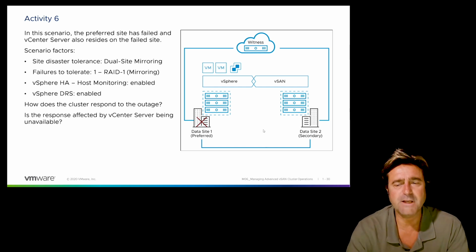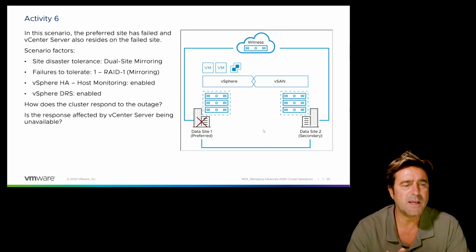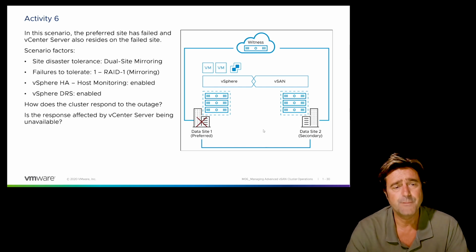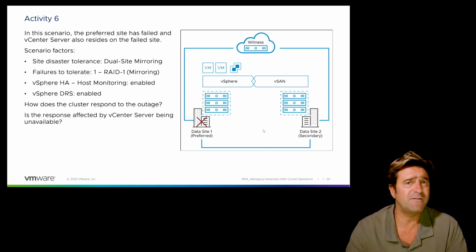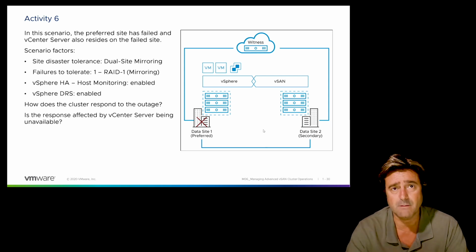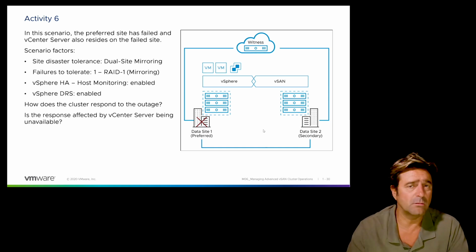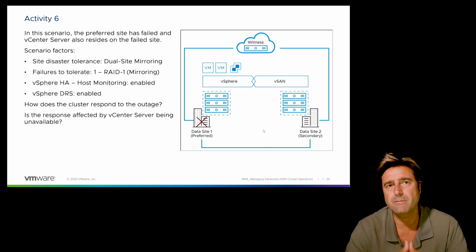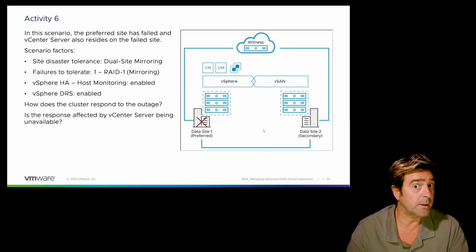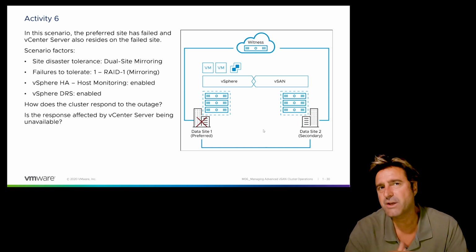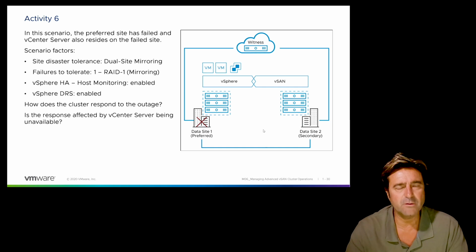Now, let's take a look at this one. In this case, it says, in this scenario, the preferred site has failed and the vCenter happened to be one of the VMs there. What happens in that case? Simple. The other servers, the ones on data site 2, they still know their job. Remember, you need a vCenter to build a cluster. But once you build an HA cluster, the vCenter could go down.